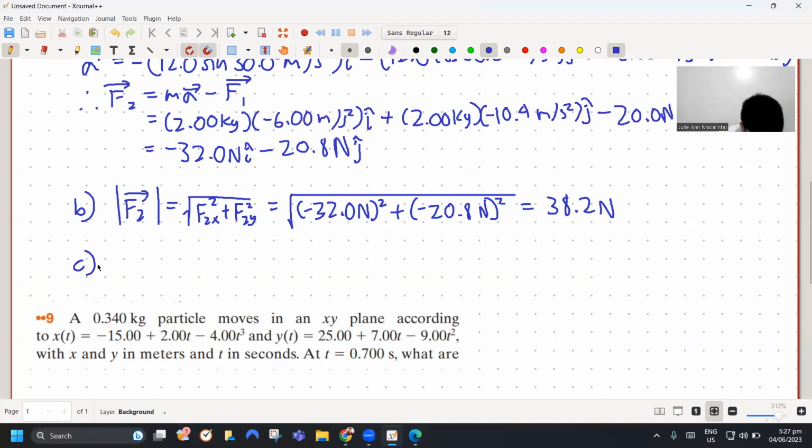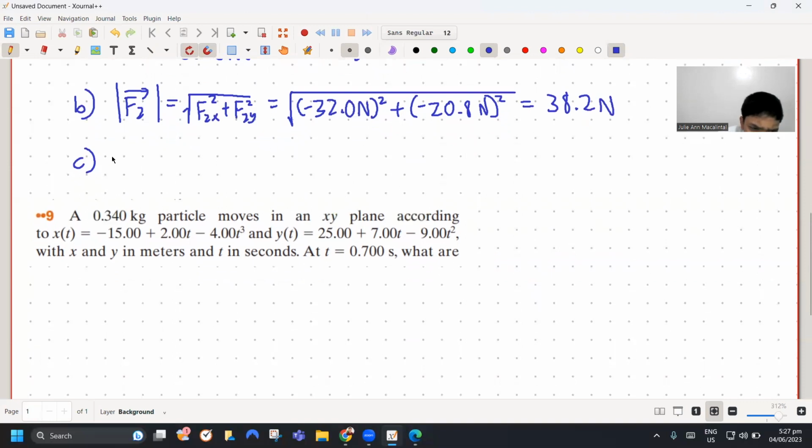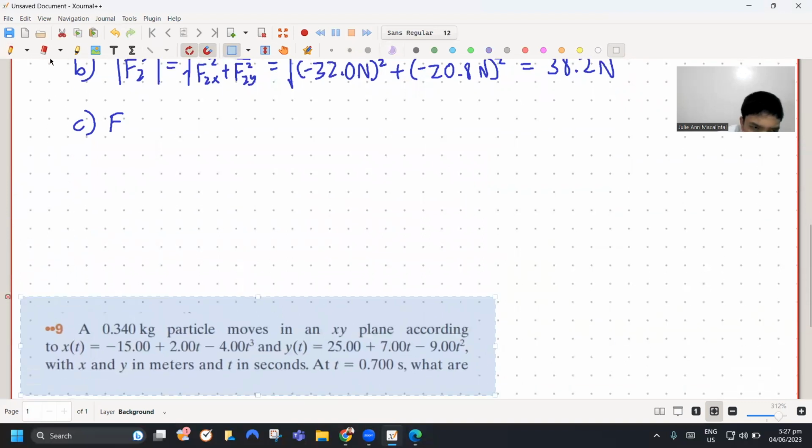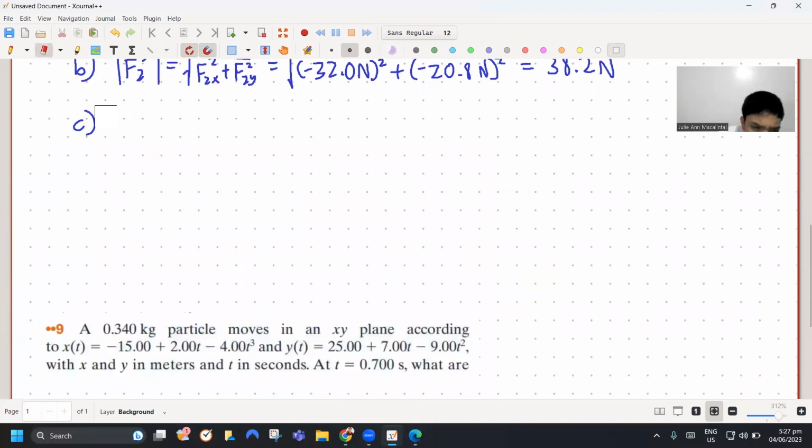Pwedeng mag-drawing ka ng figure para dyan, para madaling makita yung triangle na ginamit mo.